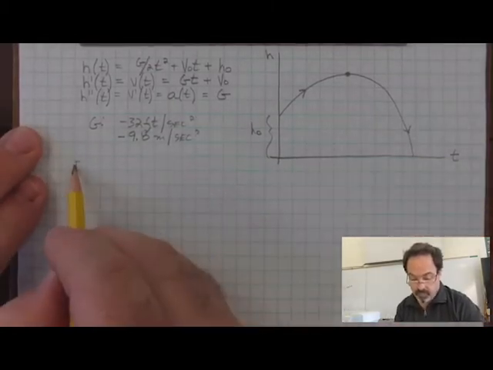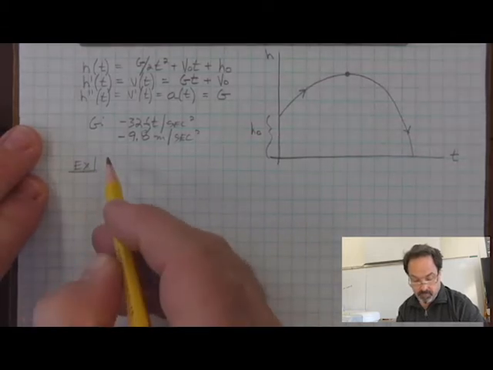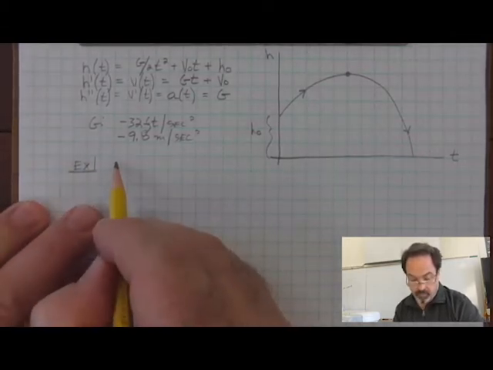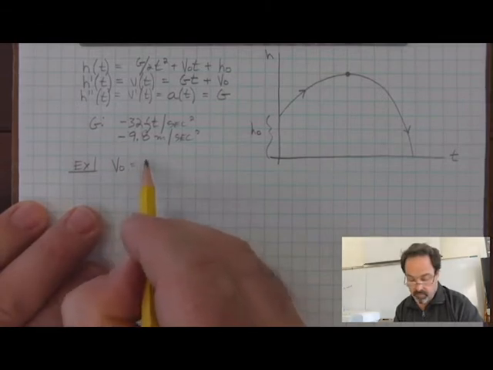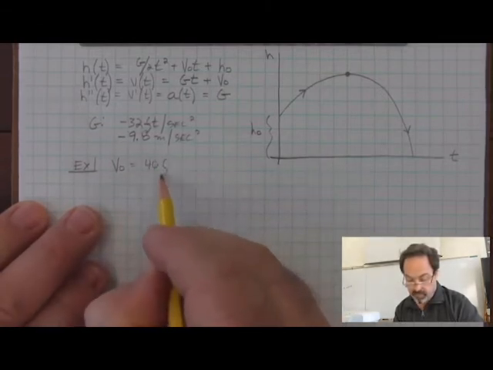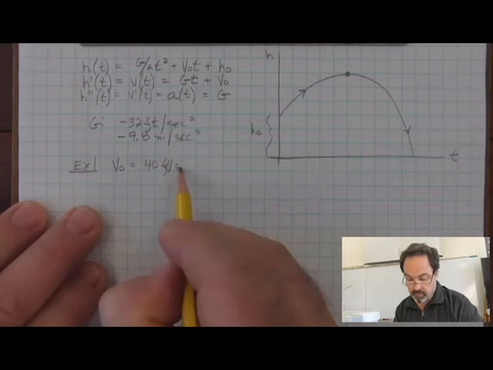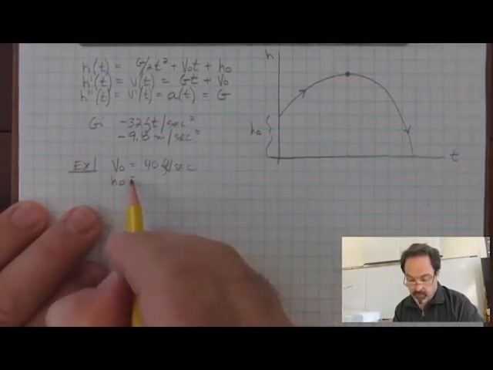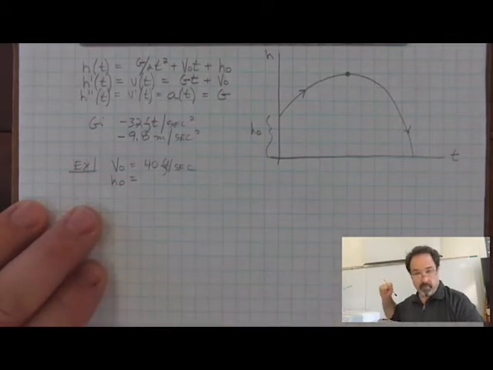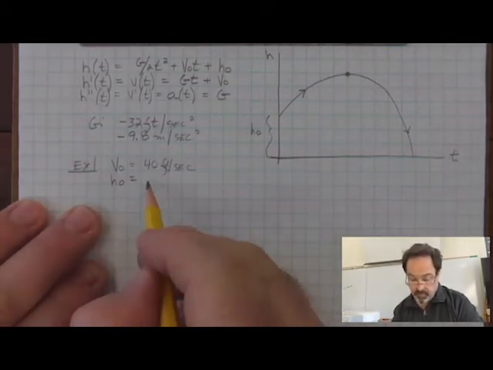For example, what if we threw a ball with an initial velocity that we call v naught of 40 feet per second? And the initial height of the ball that we threw it at, as if it was coming off of somebody's arm, would be 6 feet.